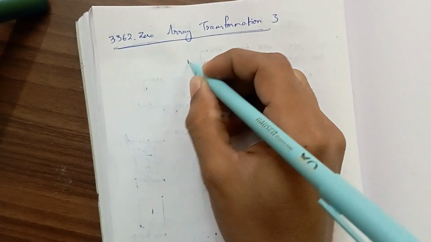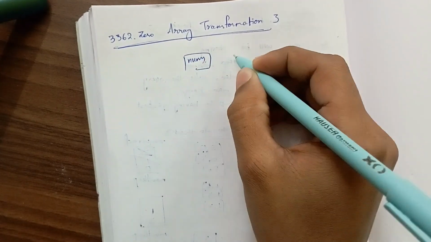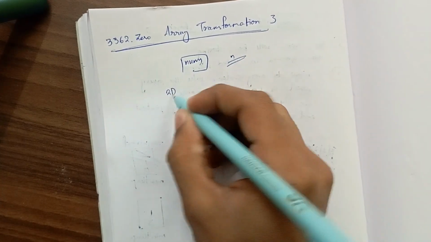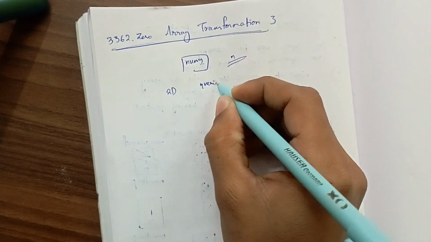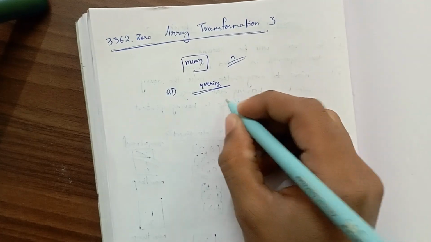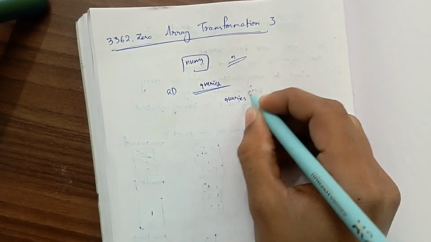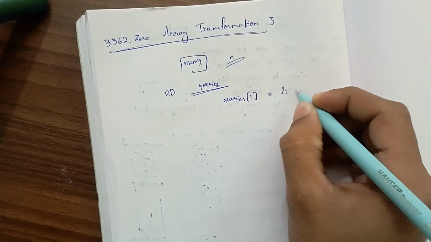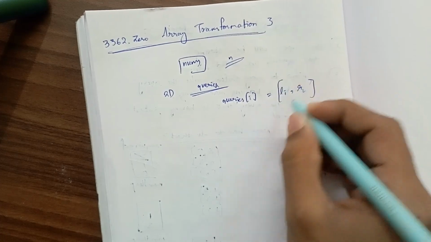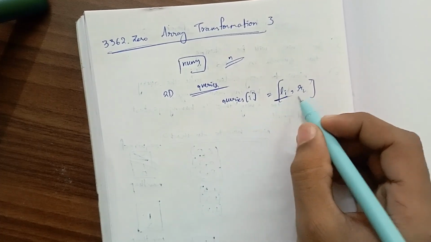We are given a nums array and also a 2D array queries, where queries[i] represents [li, ri]. That means we have the left bound and right bound.